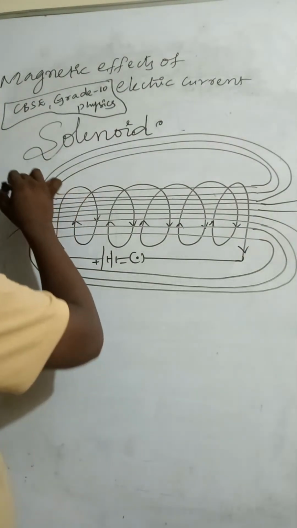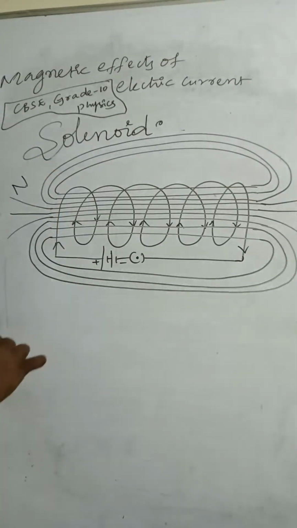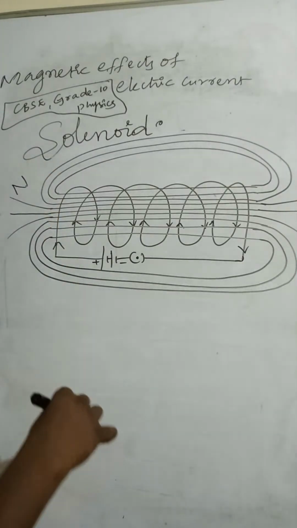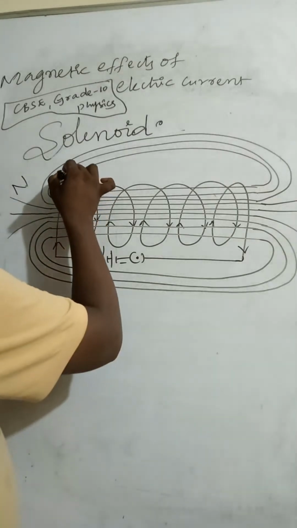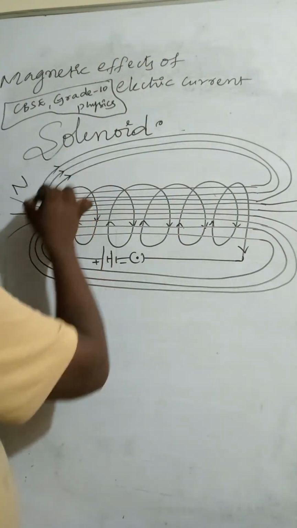Current is moving towards that side, that's why I'm placing north. Then the magnetic field should leave from this pole.